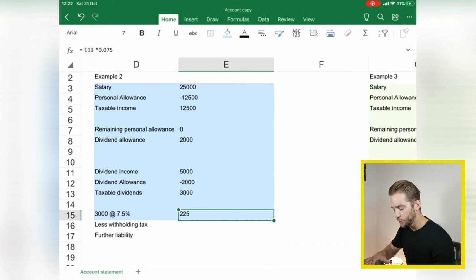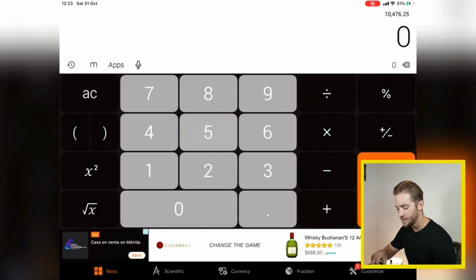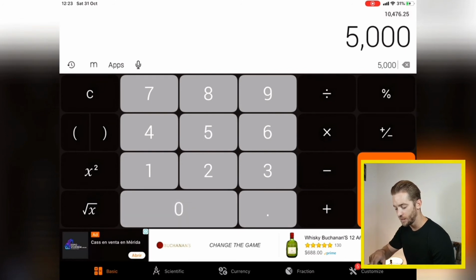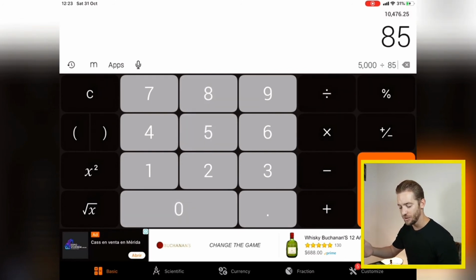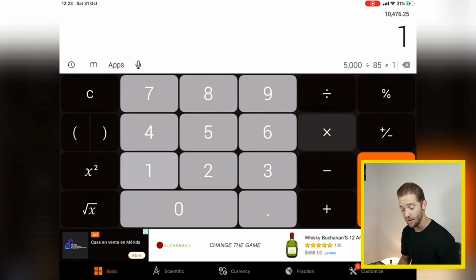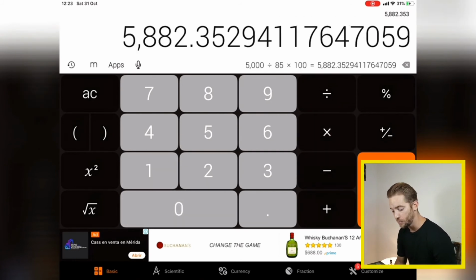Now, in example 2, if these were actually US-based dividends again, you need to gross them up first of all. So actually here, you didn't receive £5,000 of dividend income. You received £5,882 once you take into account the 15% that was withheld at source.